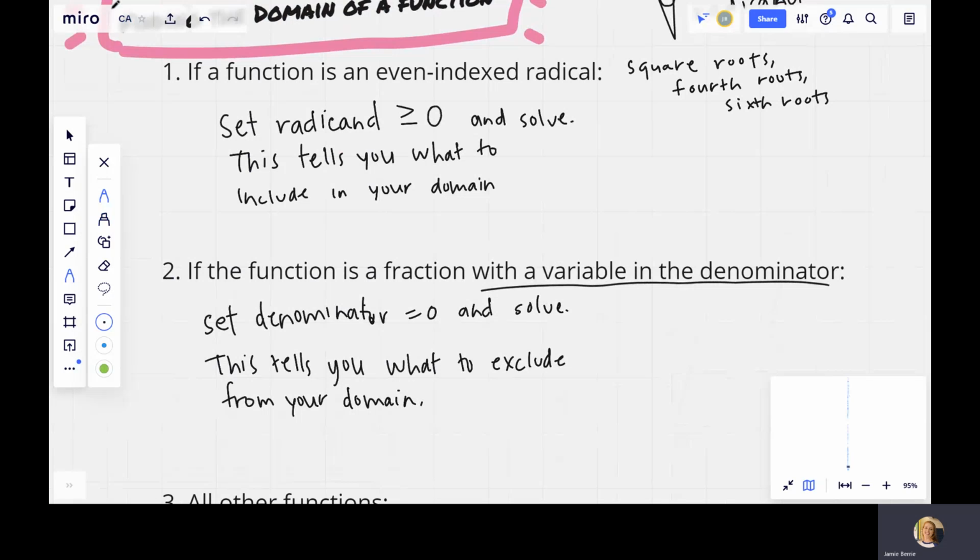And if you have a function that's a fraction with a variable in the denominator, you just take your denominator, you set it equal to 0, and you solve. And this is going to tell you what to exclude from your domain.